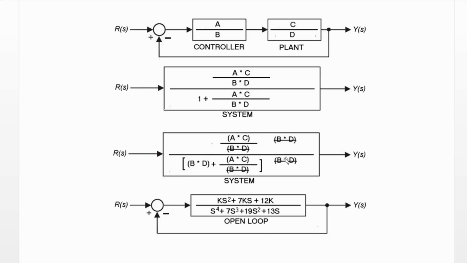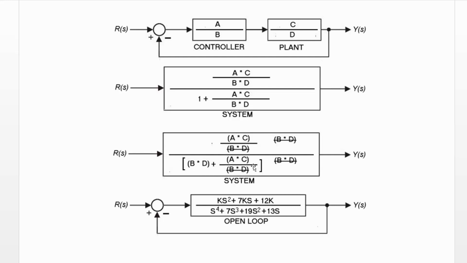So what you do is you multiply both sides. This is 1 plus A times C over B times D. Notice this is AC over B times D, so we want to get rid of this B times D on the bottom. All you do is multiply the top by B times D. So B times D times AC, and the BDs cancel out and you're left with AC.